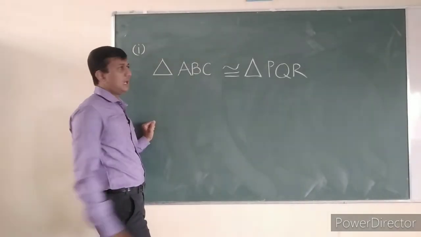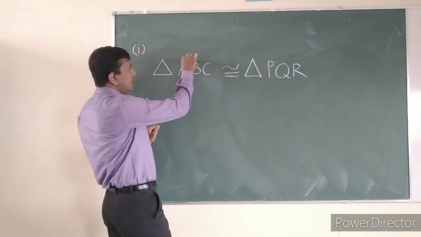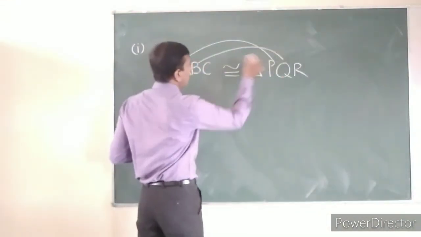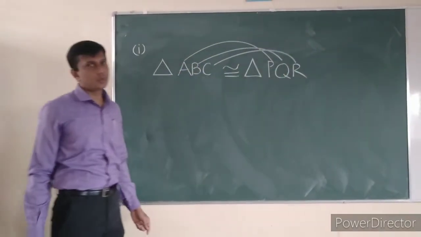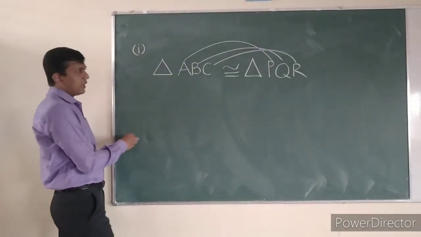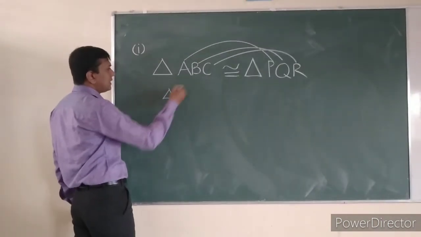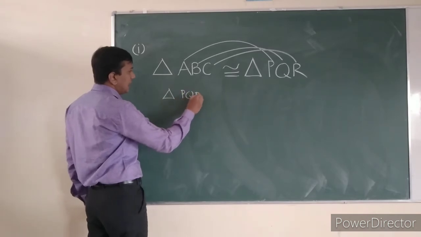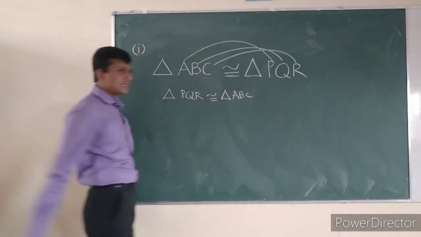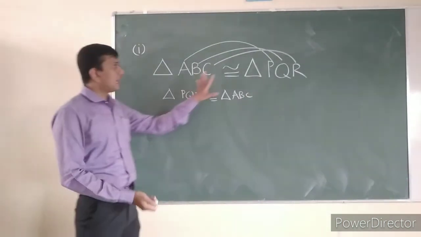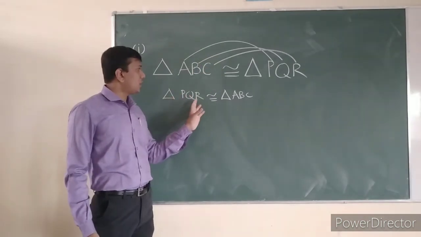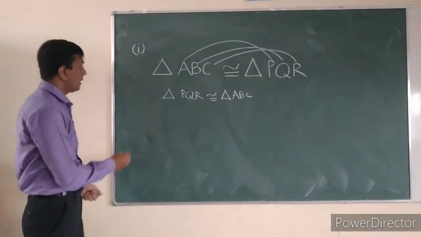So if it is written like this, there is correspondence between the vertices A to P, B to Q, and C to R. Okay. So once triangles are congruent, I can write the converse of this one also. Converse, in the sense, I can say triangle PQR is congruent to triangle ABC. Both are accepted.